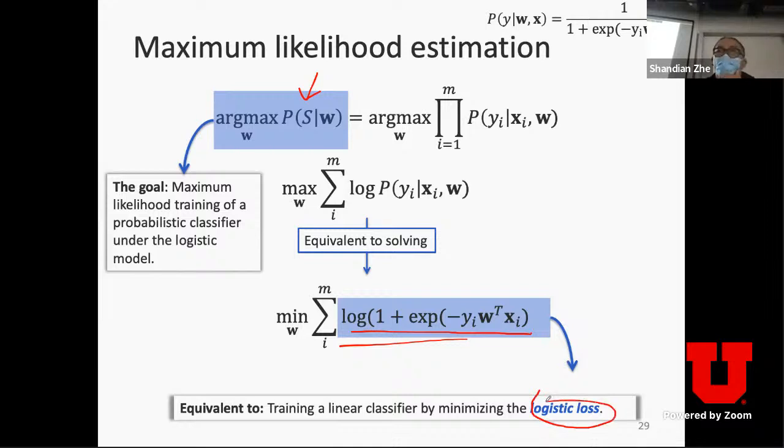So they are doing the same thing. This is just another example to show how Bayesian learning and non-Bayesian learning are well connected. Some probability likelihood corresponds to a particular type of loss function. Any questions so far?